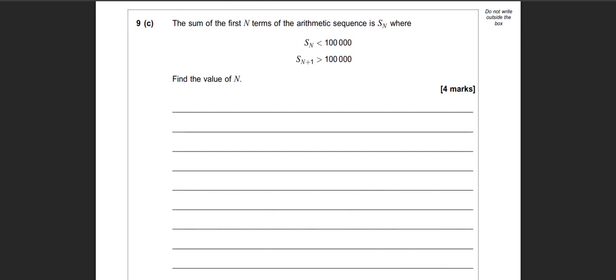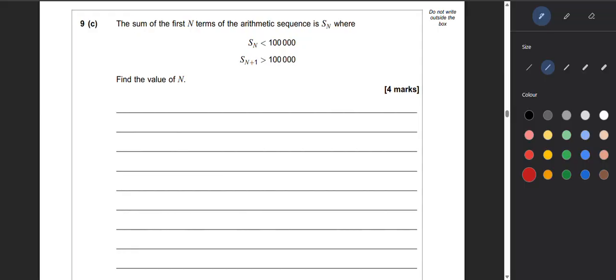So let's think, what do we know? Well, we know from the formula booklet what the sum of n terms is. So let's actually write that out. The sum of n terms is equal to a half n, and then that will be 2a plus n minus 1 d, like so.